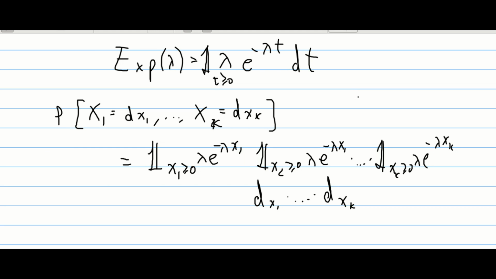So on the space Rk, this vector x1 to xk has a distribution that has a density. This is the density. It's very explicit.